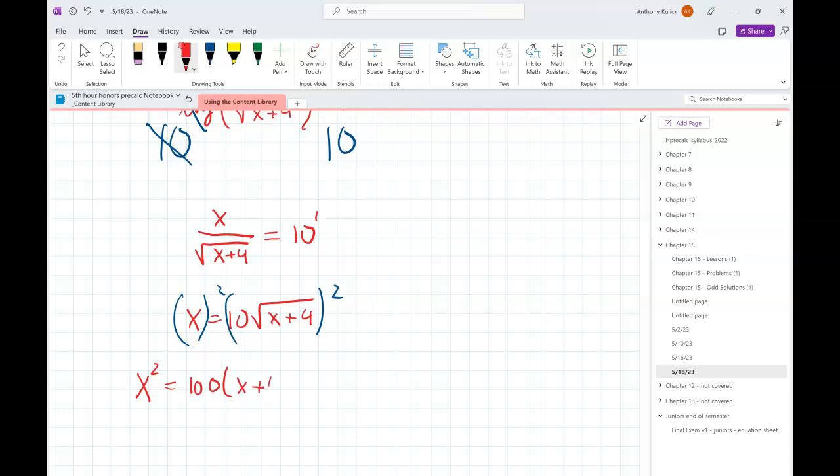And the square root of x plus 4 squared is just x plus 4. Then I'll recognize that what I have now is like a quadratic equation, right? So I'm going to distribute this through and move it all onto one side. I'm going to do that kind of in one step.